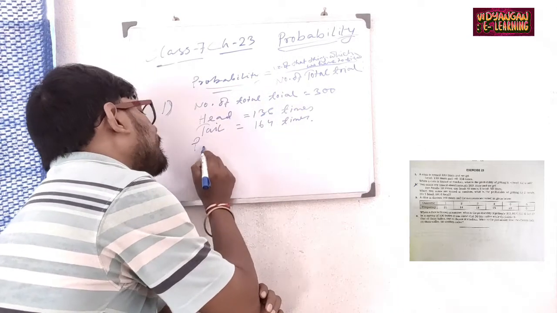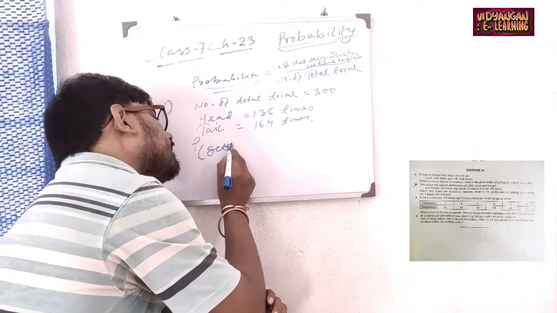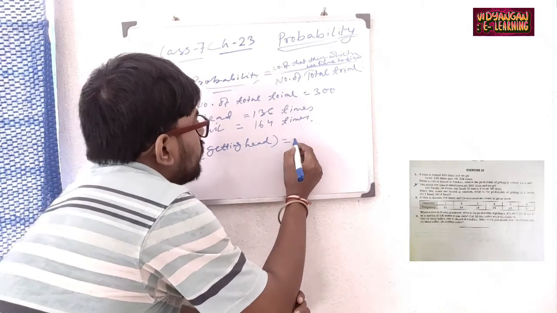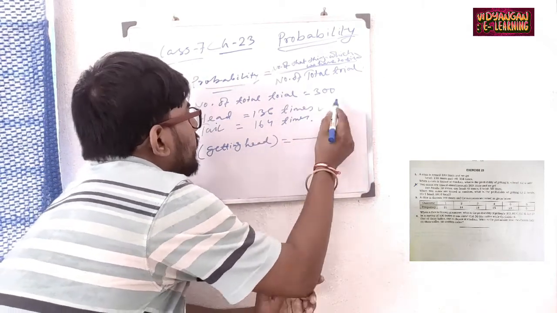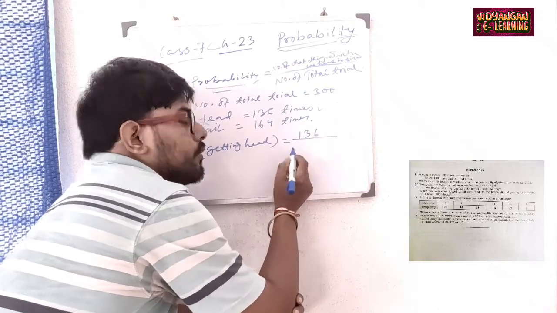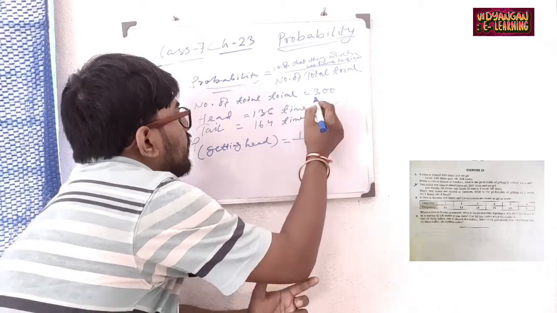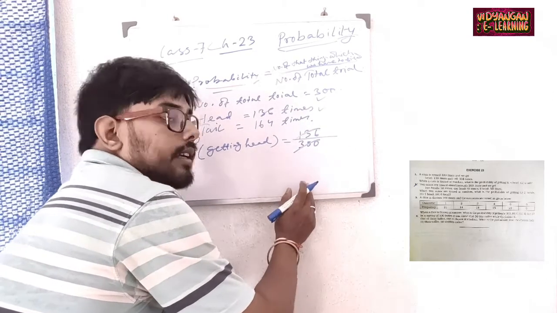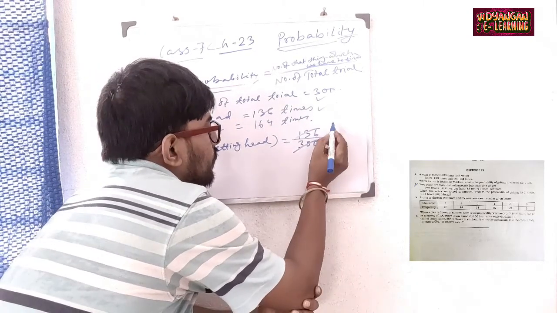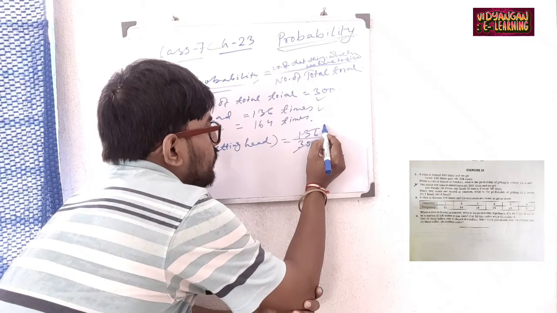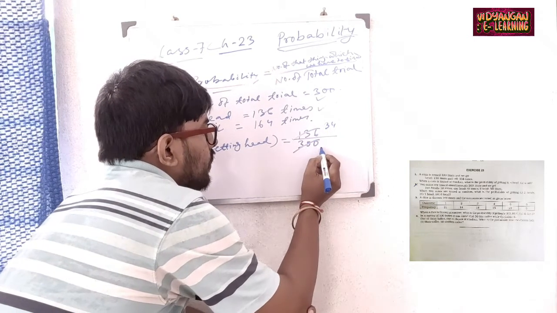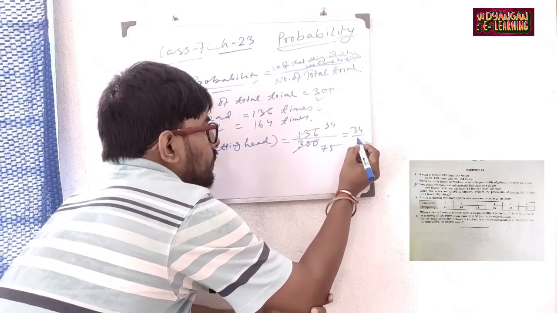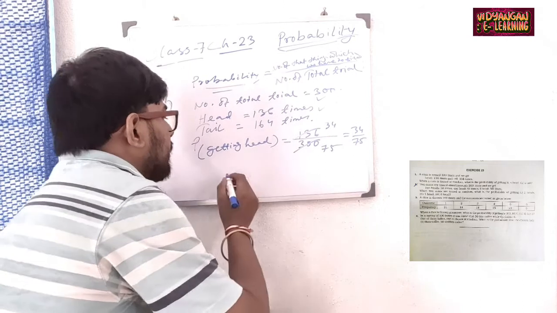So the probability of getting head is equal to the number of times we get head, that is 136, out of the total 300 tosses. Cancel it by 4, that is 34, and this will be 75. So the answer will be 34 by 75.